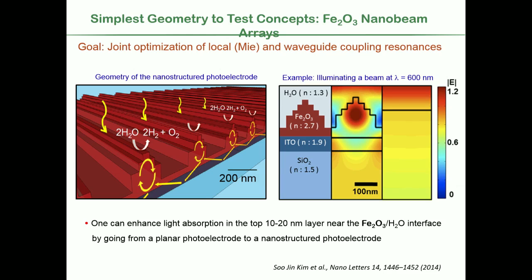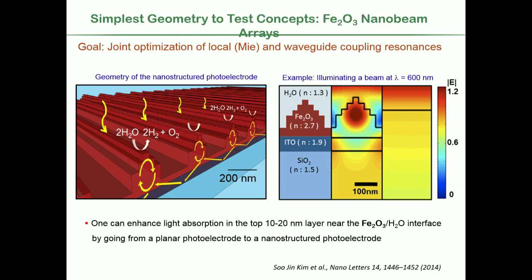We try to go away from a smooth iron oxide surface, but we shape it into arrangements of little beams. And if you do that, you can see that if you compare the field intensity in one of these beams in cross-section versus a smooth iron oxide interface, you can significantly enhance the light field intensity right at the interface between the iron oxide and the water.